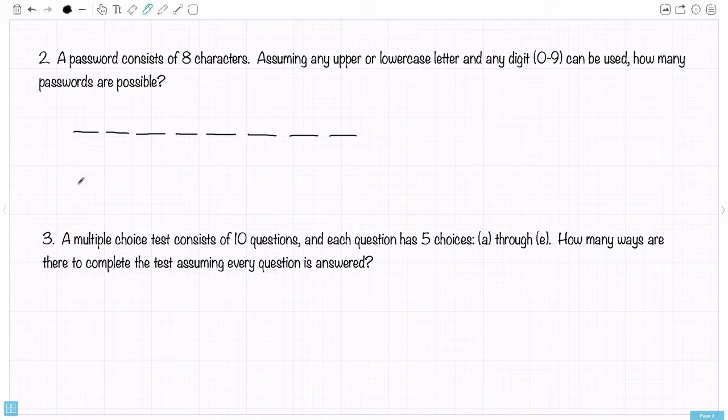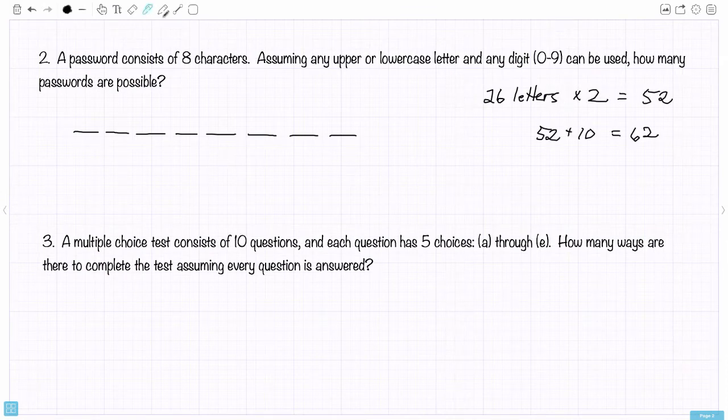And of course we're talking passwords here, so you can repeat a letter. You can intermix the letters and numbers in any particular order. And so you think about 26 letters when you say A through Z, but times 2, because there's upper and lower case.